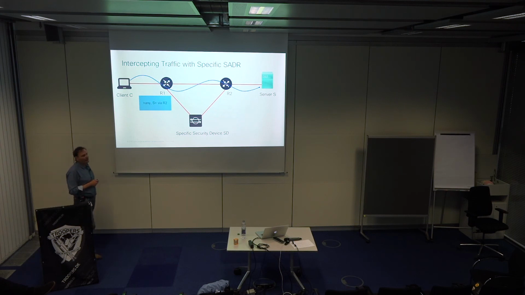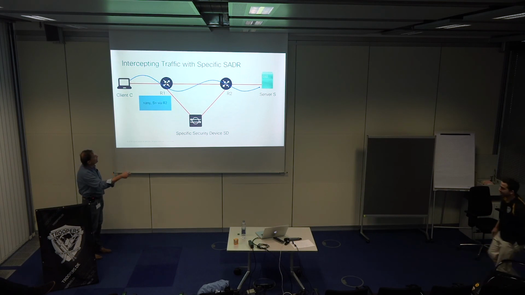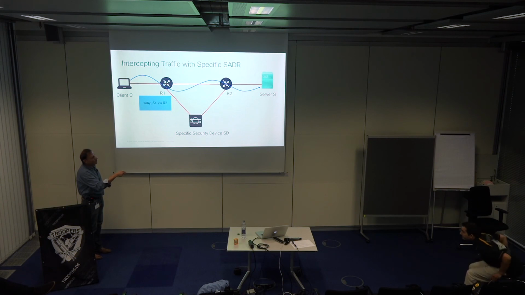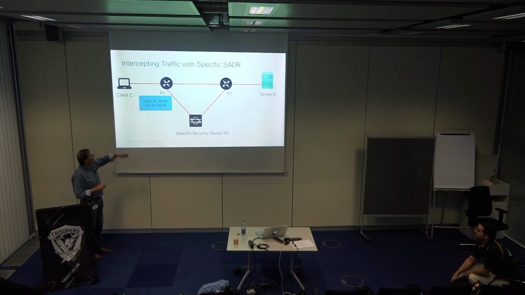Now, something strange is happening either on the server or on the client, and I want to be able to see what's happening there. But those things are in the US, let's say, and I am here in Heidelberg. So there is a very easy way now to send, via OSPF or some orchestration system, you don't really care, a specific Seder route telling, hey, for client C to server S, now the next hop is this device.